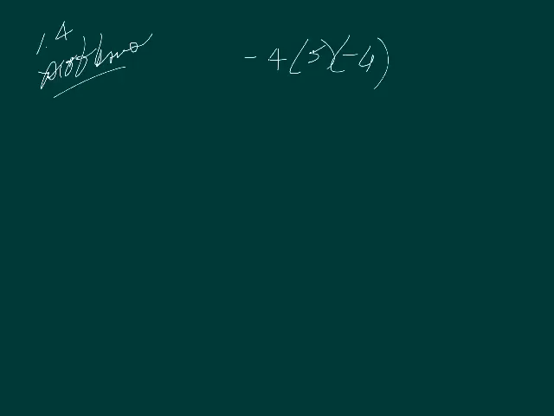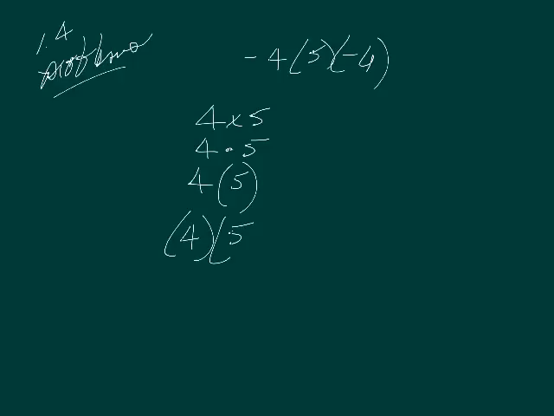So one of the things that we have here is several different ways to do times. One is to put a dot here, that means times. One is to make one of the numbers inside a parenthesis, and another is to put both numbers inside a parenthesis.